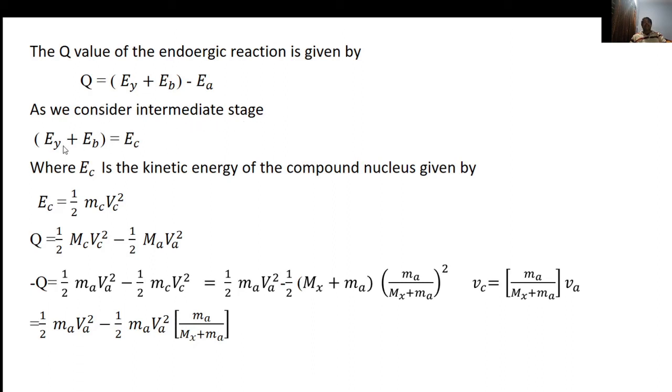That's why Ey plus Eb is equal to Ec. Ec is the kinetic energy of the compound nucleus, and it is given by Ec is equal to 1 by 2 mc Vc square.